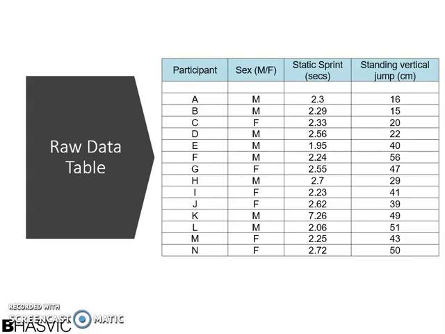I've just included 2 columns of static sprint scores in seconds and standing vertical jump scores in centimeters. So yeah, this is just an example of a raw data table from the study of the 14 gymnasts. But it can be helpful for simply picking out individual scores or analysing the whole set of scores without making any changes to the data table in any way.